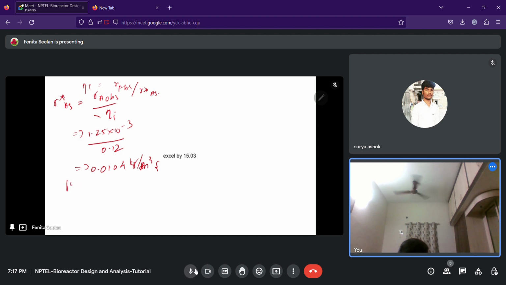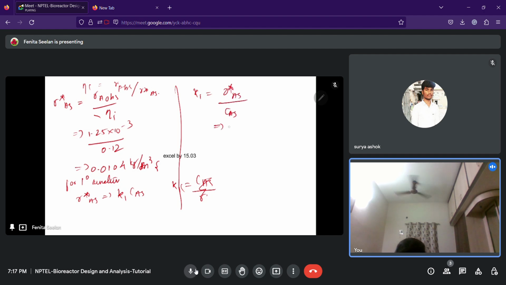So for first order kinetics, the rate R A S will be given as K1 C A S. Therefore, K1 will be found by R star A S divided by C A S. Here the R star value we just found is 0.0104 kg per meter cube second, divided by C A S, which is 0.85 kg per meter cube.